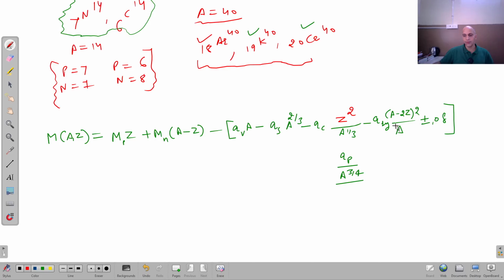And I am also taking the different terms which are common inside the bracket, and I am separating all these terms. Now I am rearranging this equation.